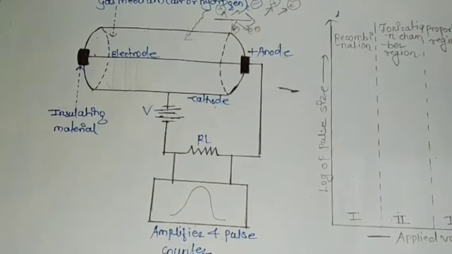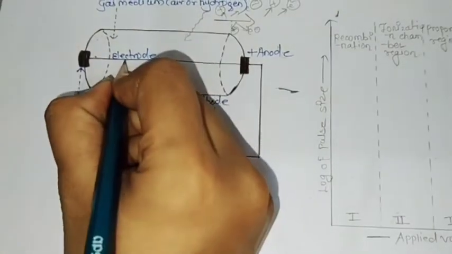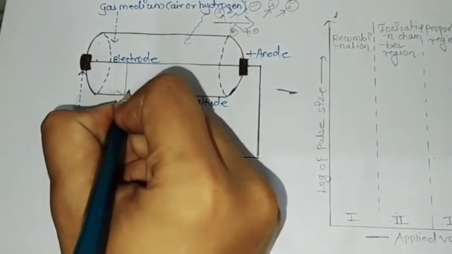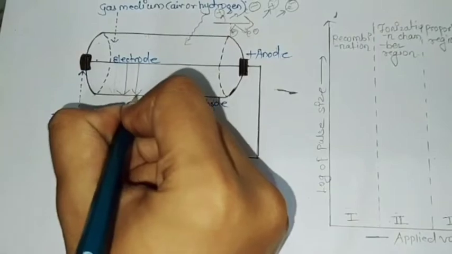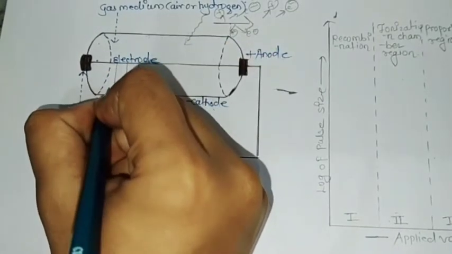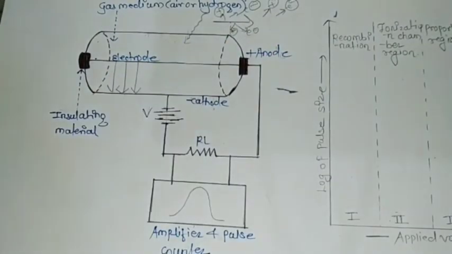So you get an electric field directed from the metallic electrode towards the metallic surface.